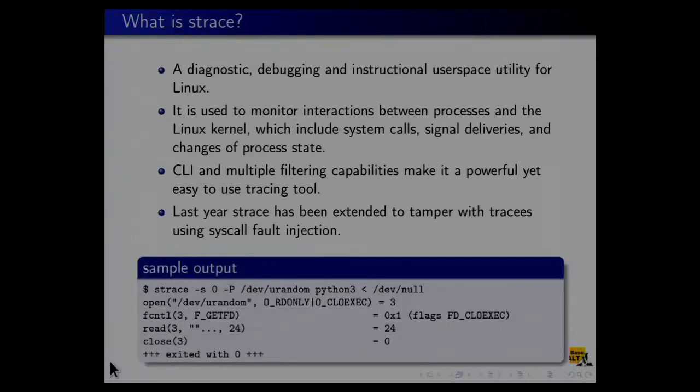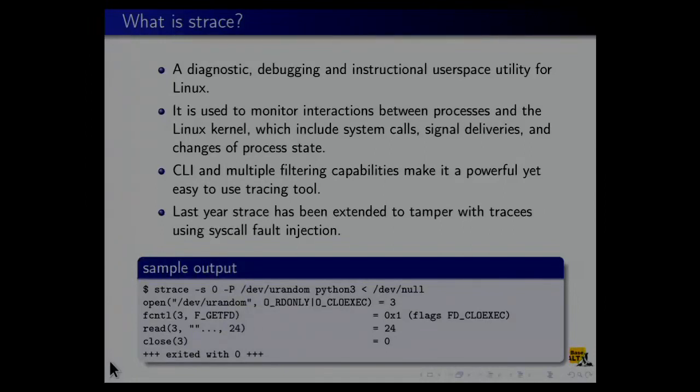The best known are system calls, and also signal deliveries and changes of process state. It has a traditional command line interface and multiple filtering capabilities. Because the interface is traditional, it's easy to use for people who have been used to it for 20-something years, and it's quite powerful because of these filtering capabilities.